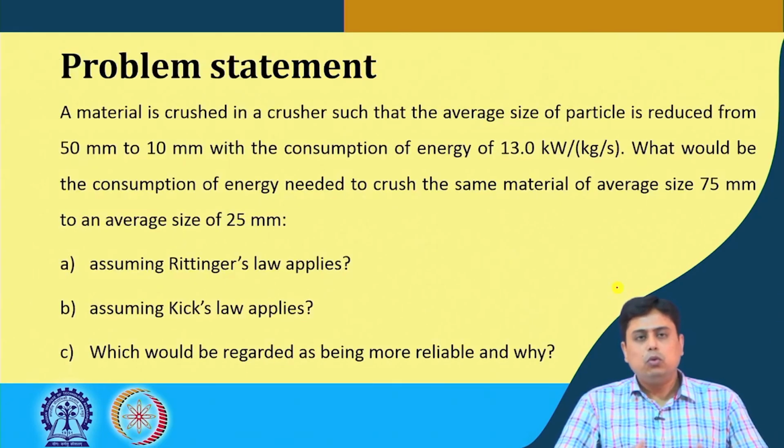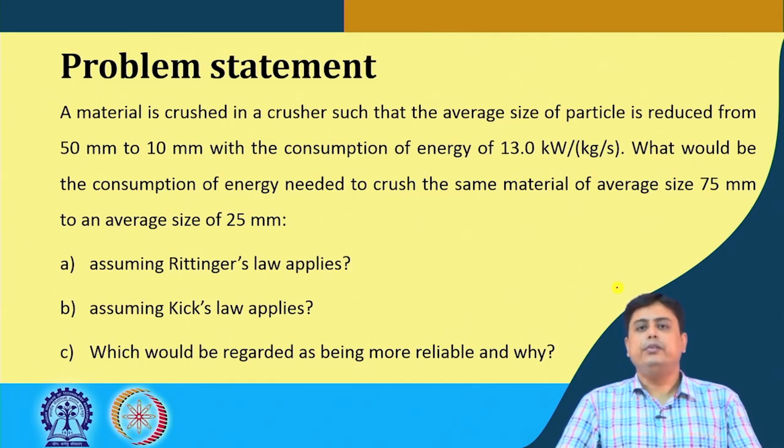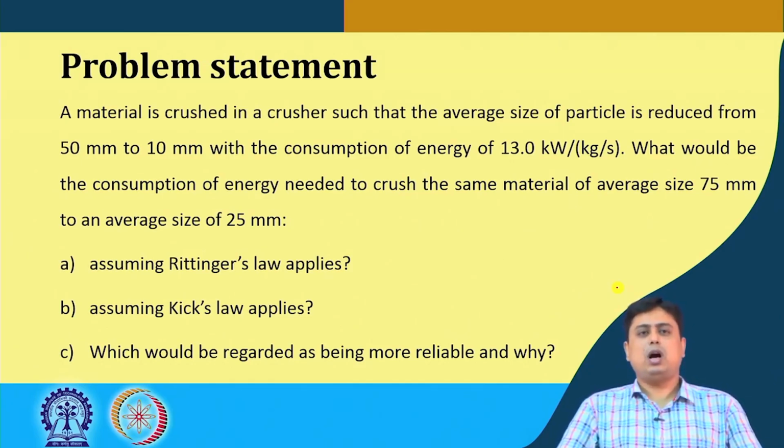Now, we move on to one problem to see how these expressions are used, or which one would give more reliable predictions. The question is: a material is crushed in a crusher such that the average size of particle is reduced from 50 millimeter to 10 millimeter with the consumption of energy of 13 kilojoule per kg.